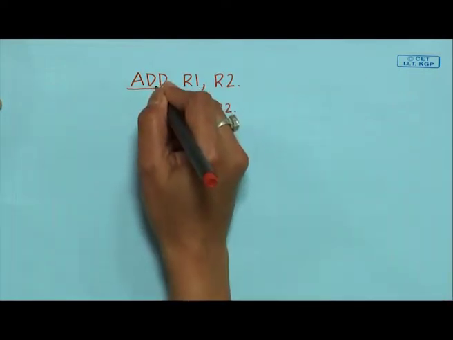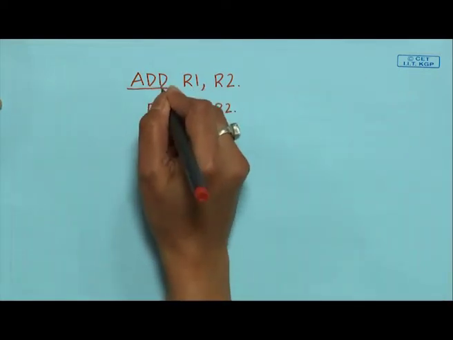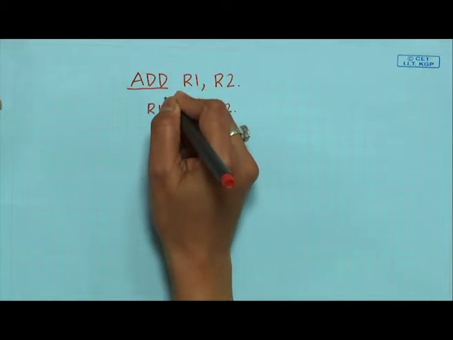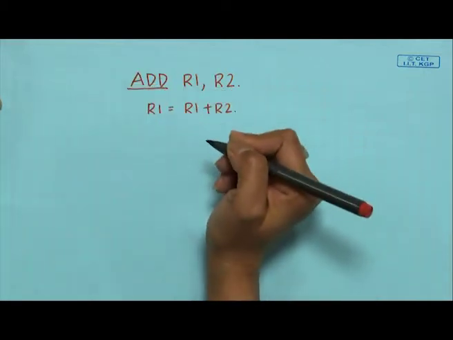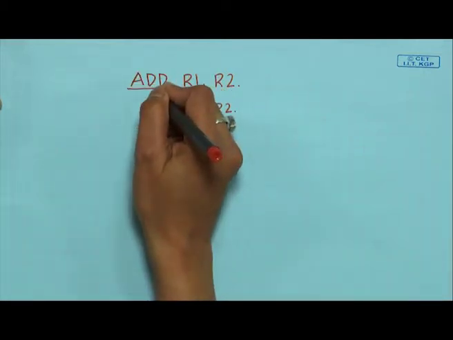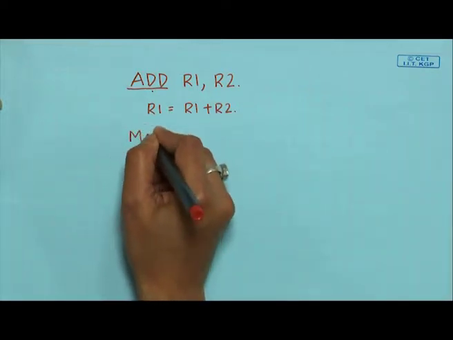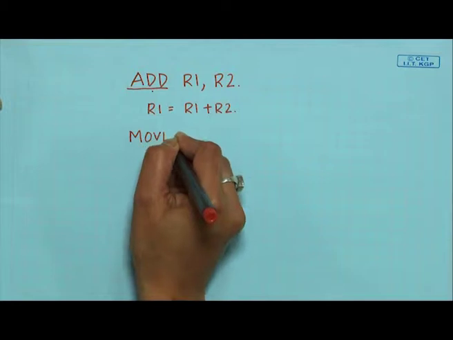Add is the operation code that specifies the operation to be performed by the instruction, and we can have various categories of instruction. So, this is an arithmetic instruction. We can have an instruction called move.